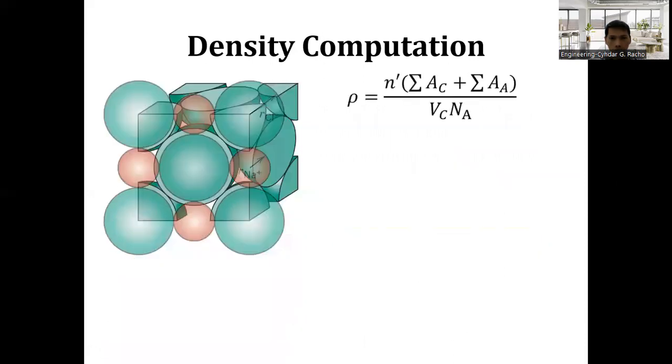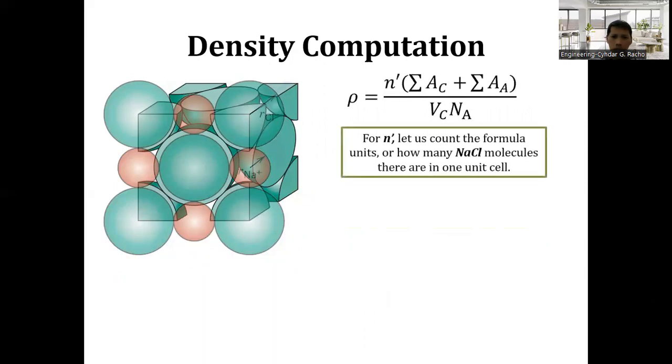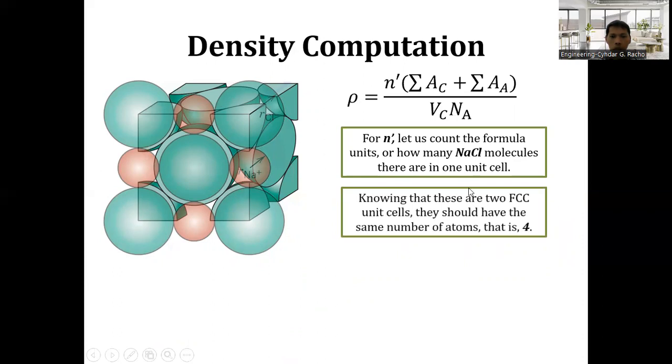So let's find first the n prime. Let us count the formula units, or how many sodium chloride or NaCl molecules there are in one unit cell. Knowing that these are two FCC unit cells, they should have the same number of atoms, that is 4.